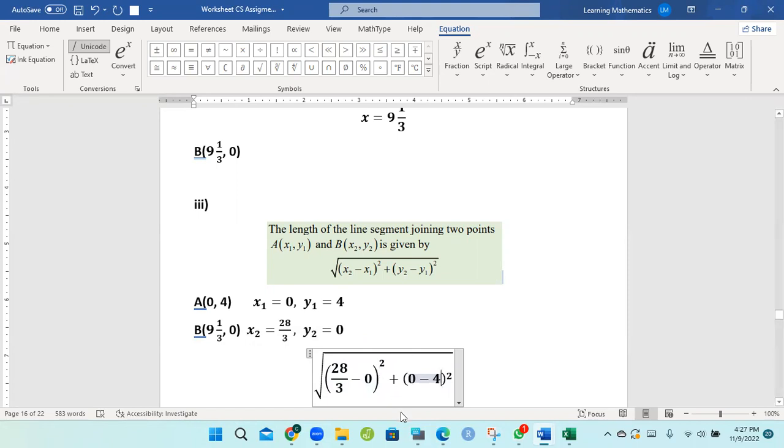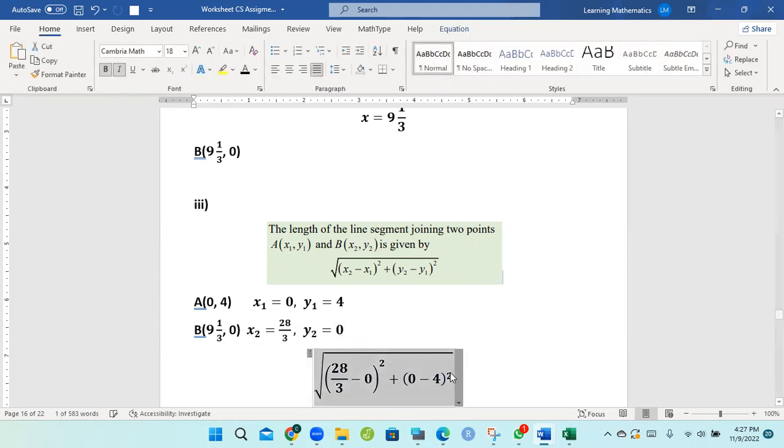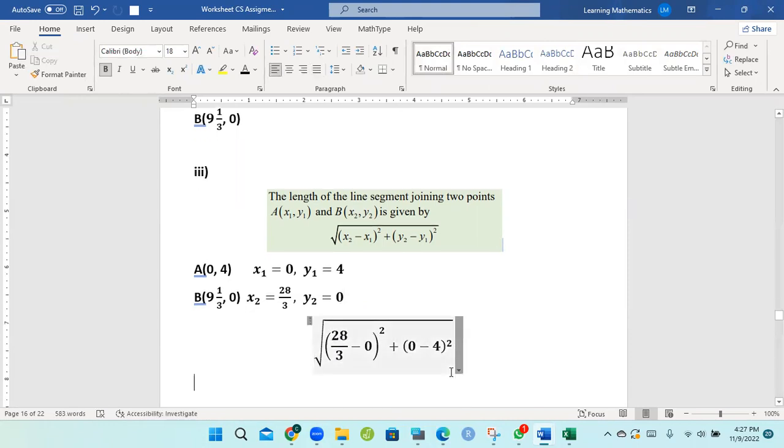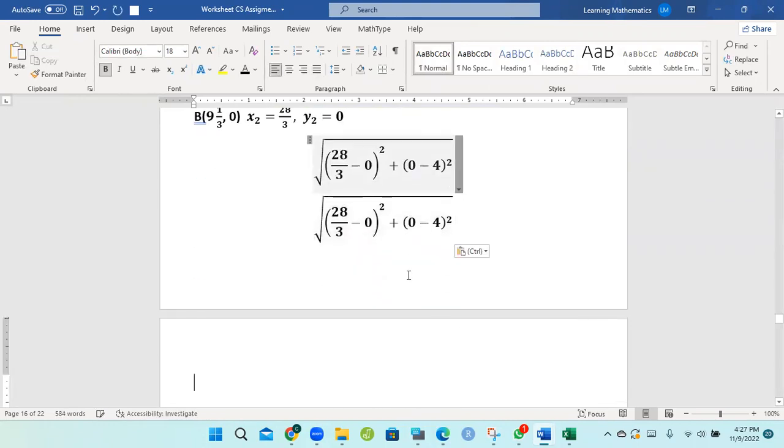So we're going to calculate these. You can use your calculator. Remember, you are allowed to use a calculator in this course. I'm going to use Excel as my calculator.